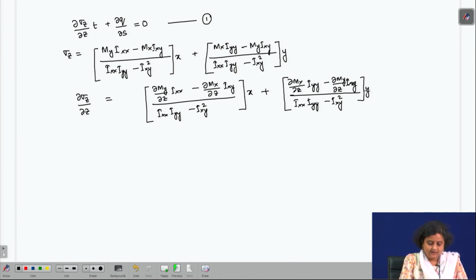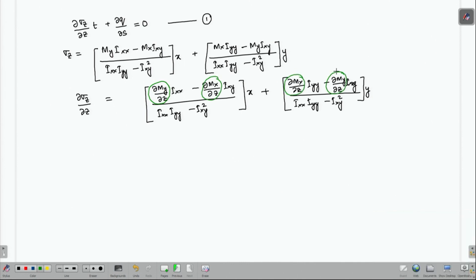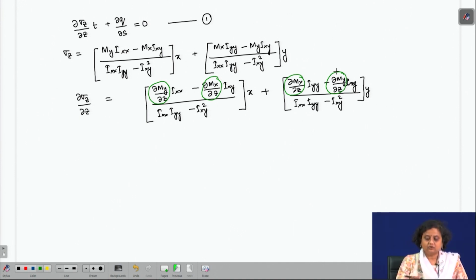Now, let us see what this implies. We know from our basic solid mechanics that the derivative of m, that is dm by dx, is going to be the shear force. We know that from our basic equations of solid mechanics. So, therefore, this is basically my Sx, this is Sy, this is again Sy, and this is Sx.